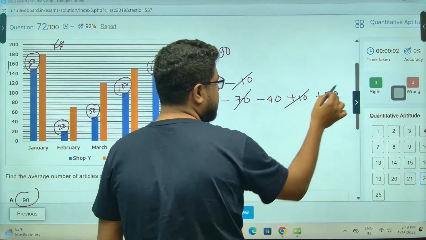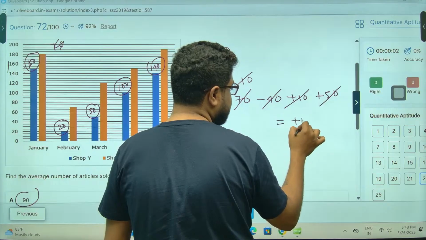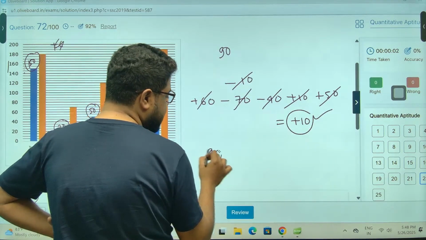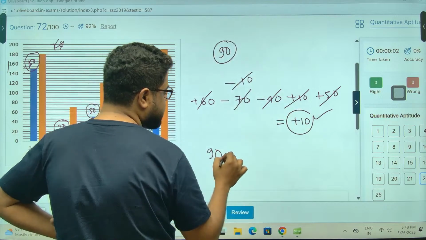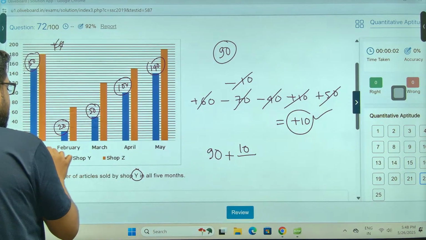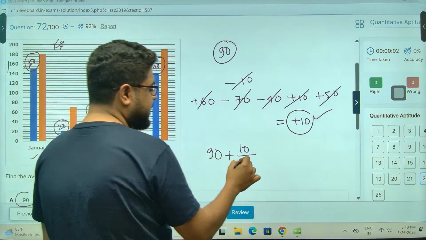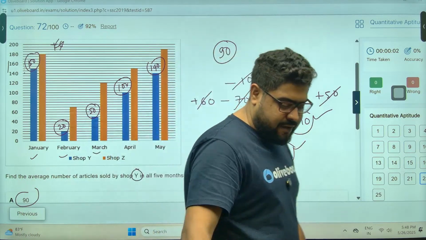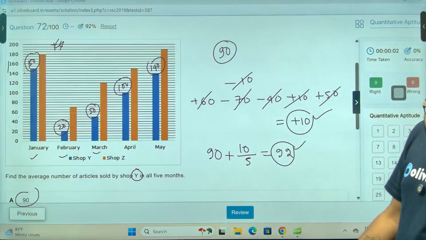Minus 10 plus 10 plus 10 is the answer. So plus 10 is the deviation. So what will be the answer? As the deviation is positive, plus 10 divided equally over 5 months. So the answer to your question will be 92. The average will be 92, sir.